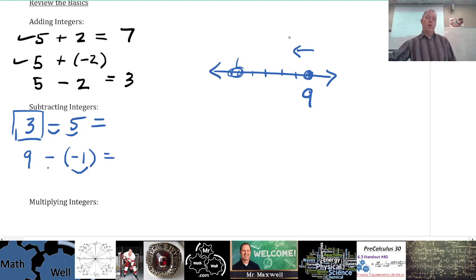So this is just one way I'm trying to explain it to you. When we subtract a negative number, we want to go this way, but it's a negative number, so already it's going this way. So we have to go the opposite way. Instead of going back, we go forward with this number. Subtracting a negative actually is the same as adding.